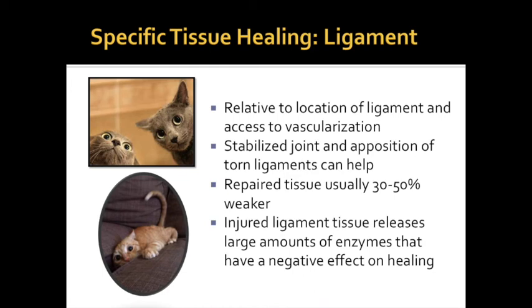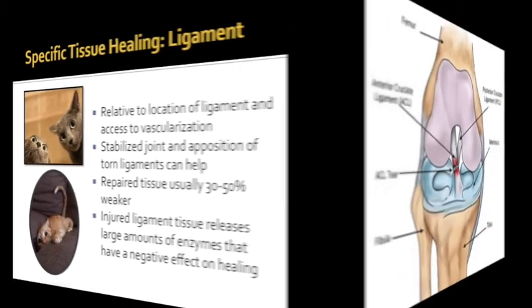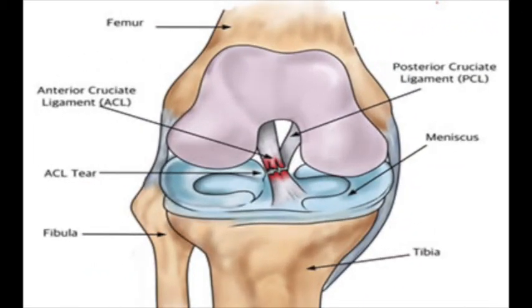Additionally, some ligaments release an enzyme called MMP that has a devastating effect on healing. Ligaments have poor vascularization, but it does vary from ligament to ligament. For example, the MCL, your medial collateral ligament, can heal fairly well, but the ACL, the anterior cruciate ligament, does not, and it will often require surgery for repair.